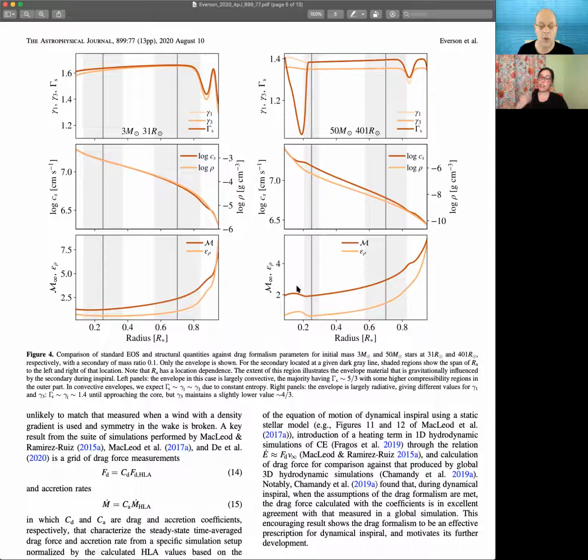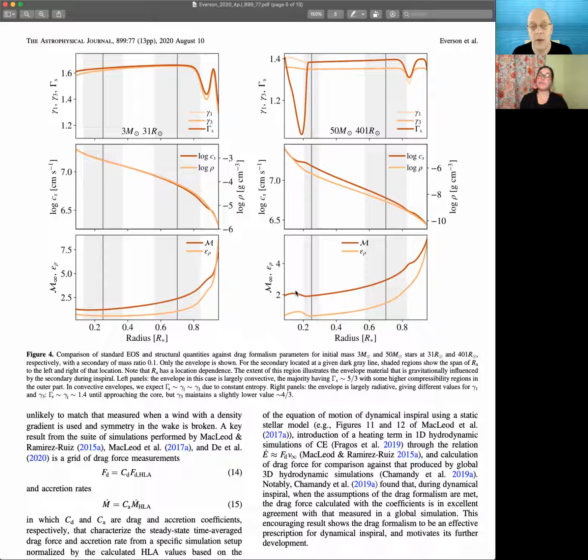And what this clued me in on is that maybe if those issues are smoothed over in Mach and epsilon rho, there's a possibility here that we can actually apply this more broadly, even though it's not an ideal gas and even though we're not at constant entropy. So I wanted to explore that further.